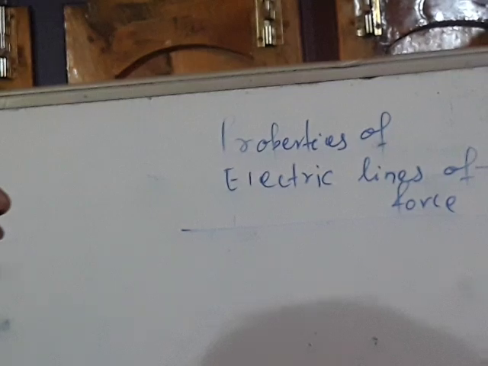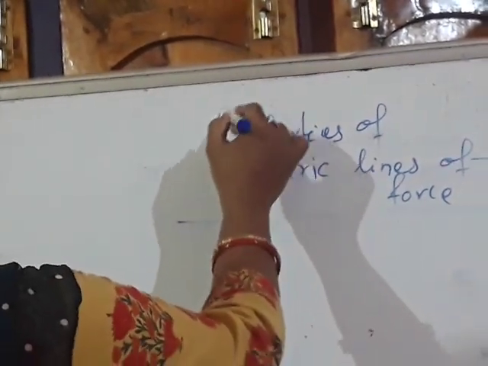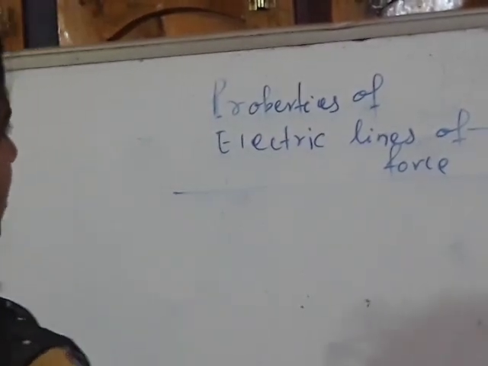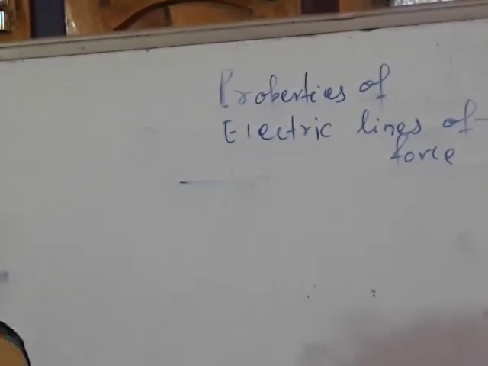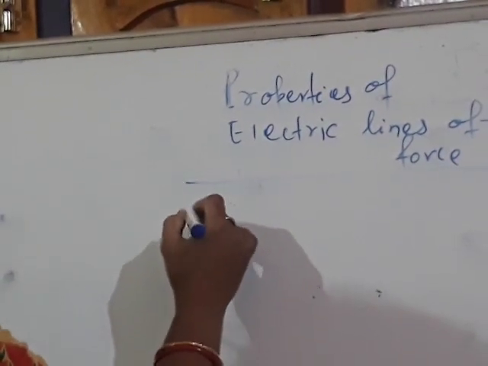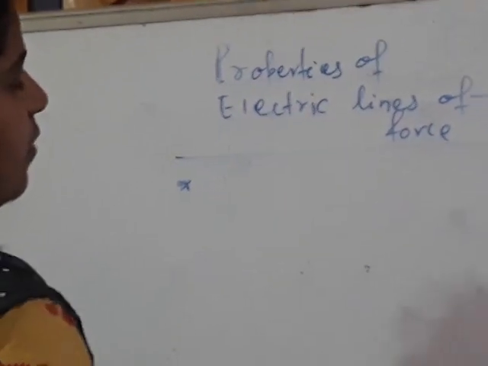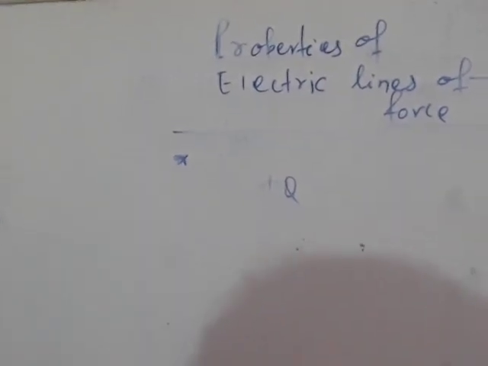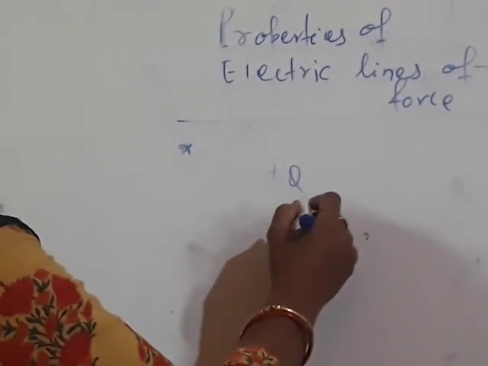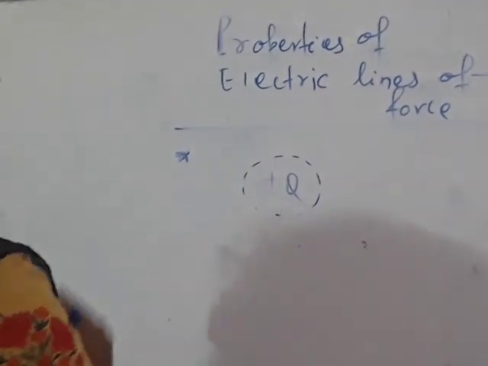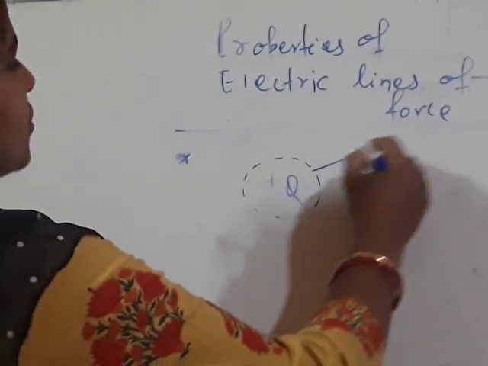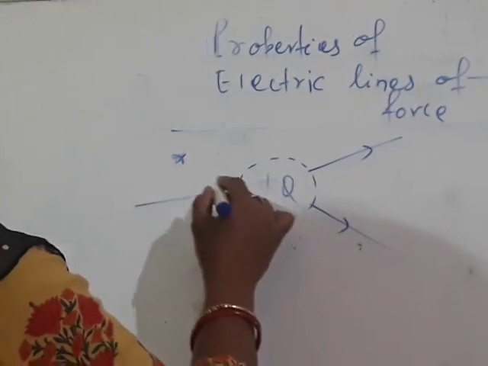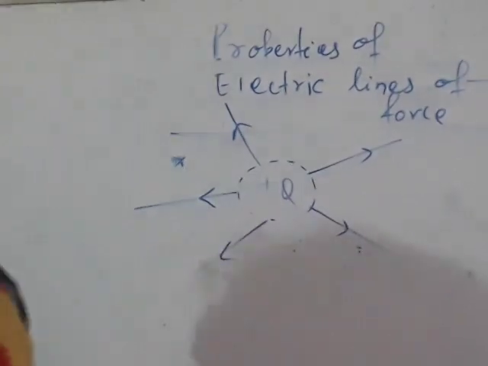First, it is just the imaginary path traveled by the test charge within the electric field. First property: if we put a charge plus q here, then the lines of force move away from plus q, that means diverging outward.